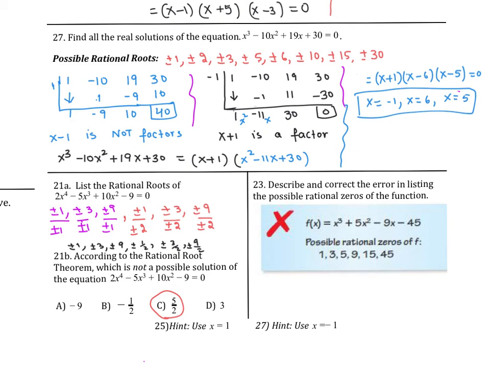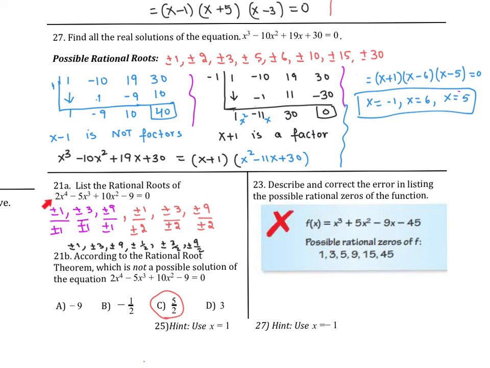Next, we are going to find the possible rational roots for question 21a. The problem is 2x to the 4 minus 5x cubed plus 10x squared minus 9. Factors of 9 divided by factors of 2. Factors of 2 are 1 and 2. Factors of 9 are 1, 3, and 9.